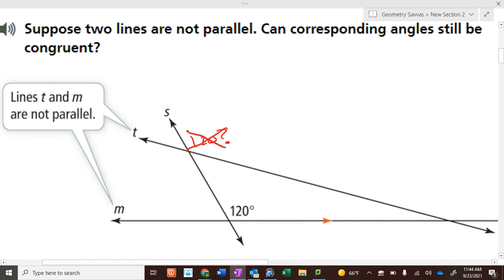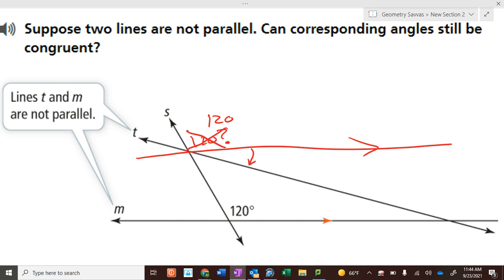There's no way it can be 120 degrees. If the lines are parallel, then it can be 120. But if it's not parallel, see how if it's parallel, it's a 120. So since it's not parallel, since this line is down further that way, it has to be what? Greater than or less than 120? Greater than 120. It has to be an angle greater than 120.